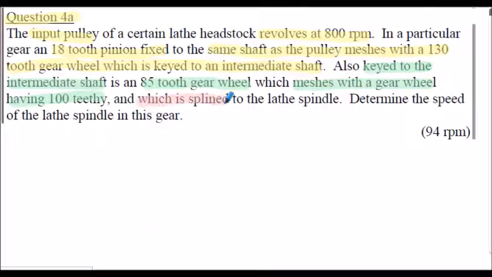So that's splined to the lathe spindle, which will be the output. Okay, so what we've got to do is try and find the speed of the lathe spindle in this particular gear that they're considering here. So what I want you to try and do is to see if you can sketch a compound gear train. It's a fairly smallish train, given the information in the question. I'll leave that with you for a minute.